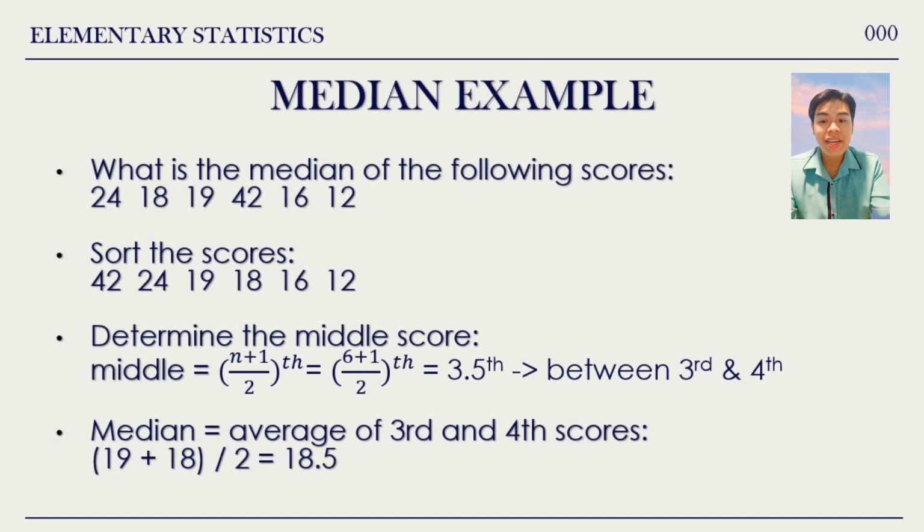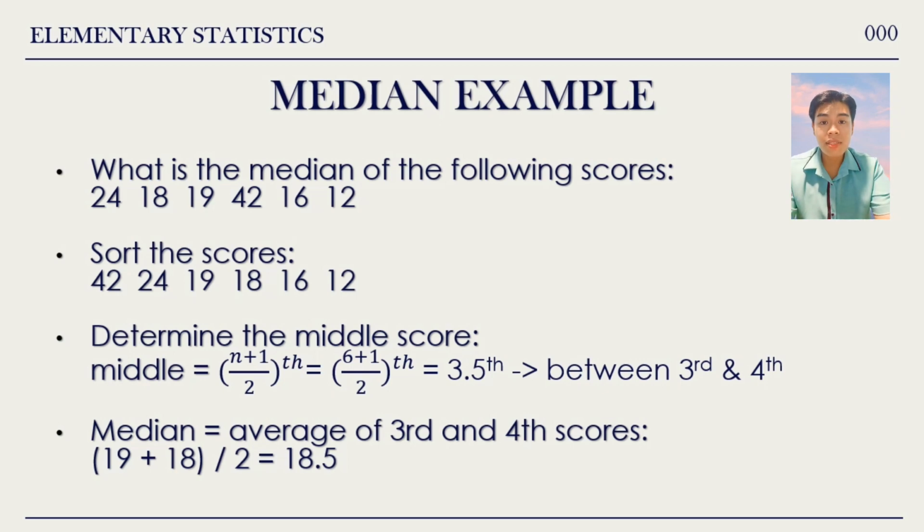Let us try another example. What is the median of the following scores? 24, 18, 19, 42, 16, and 12. First, we have to sort the scores from highest to lowest. That is from 42 down to 12. And then, determine the middle score. That is equal to n plus 1 over 2, which is equal to 6 plus 1 over 2. 7 divided by 2 is 3 and 5 tenths.